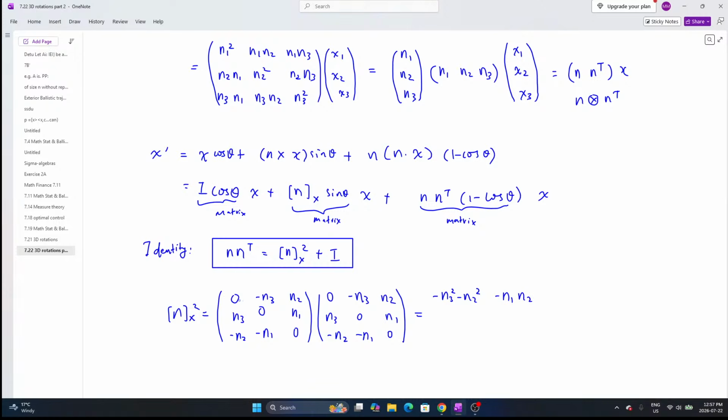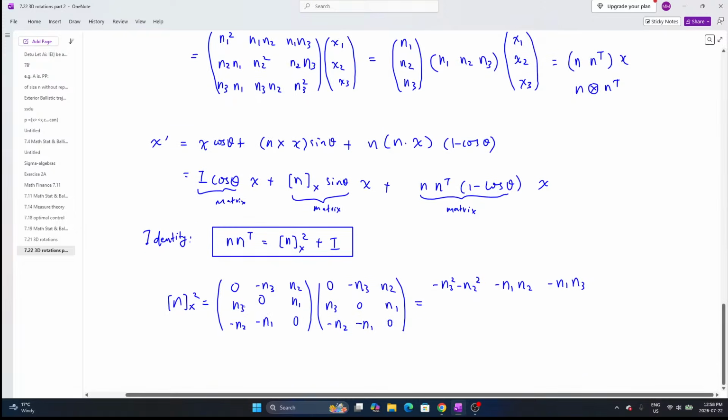I haven't computed matrix multiplication by hand in a while, so hopefully I don't make too many mistakes. Minus n1, n3, that's good. Second row, 0, 0, minus n1, n2.